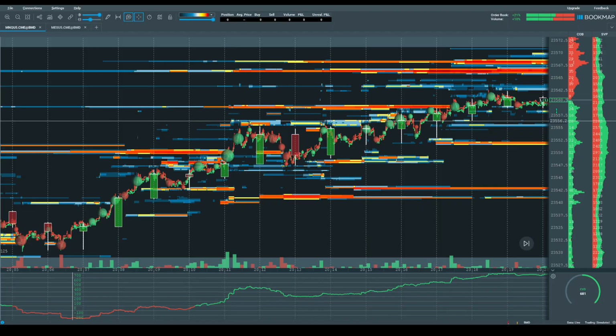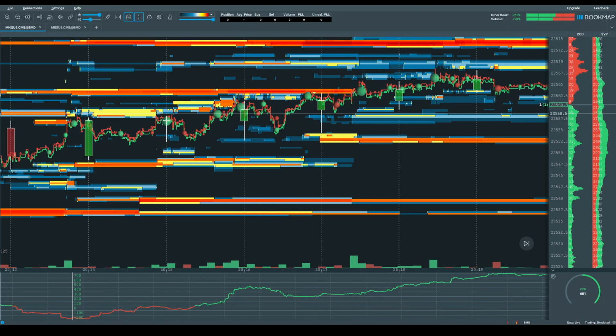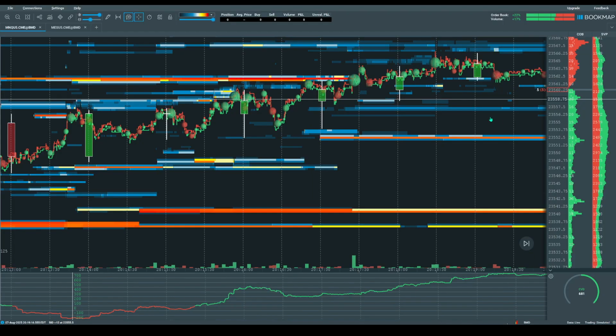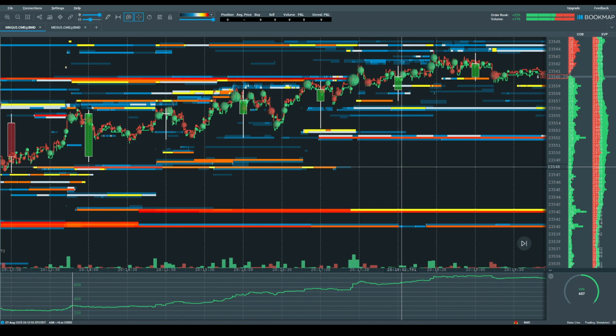It could be some profit taking because I don't see a lot of aggressive selling going on. But we do have some resistance, and some limit orders that might get grabbed.